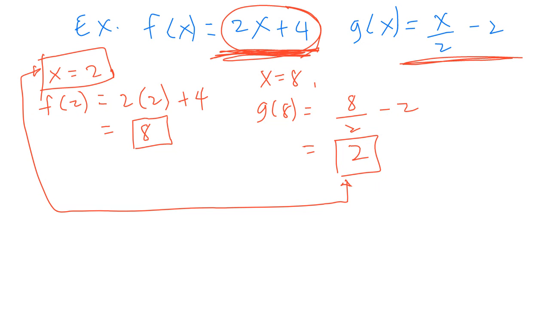So the reflection line is y is equal to x. Since, as you can see a while ago, that when we do the composition, it's always x is the answer from the previous example. So we can show that now using graph to illustrate the inverses of two functions.